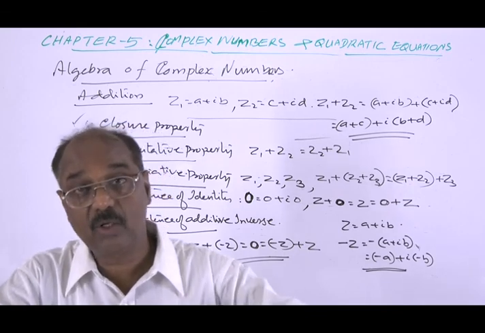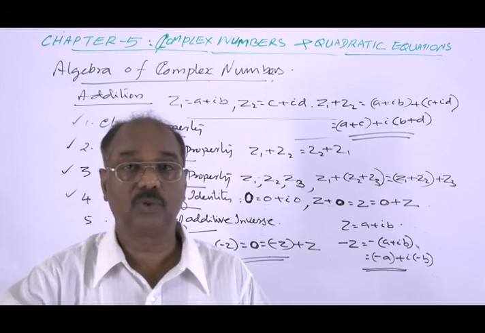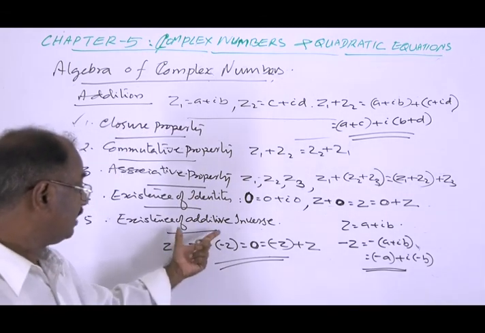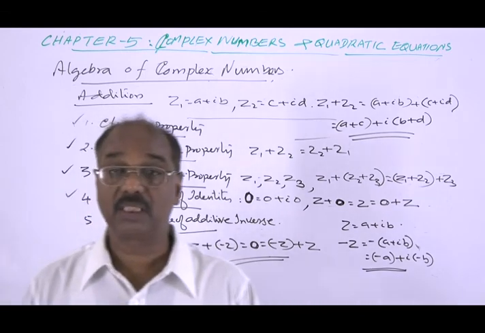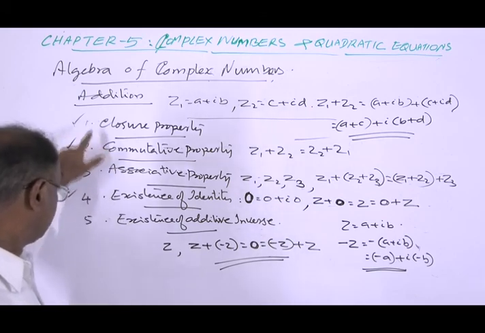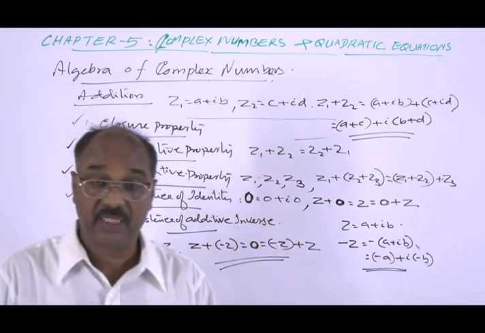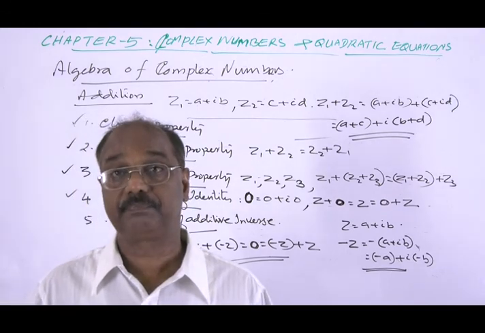Thus we have seen that additive inverse exists for every complex number. So these are the 5 properties satisfied by the addition operation.